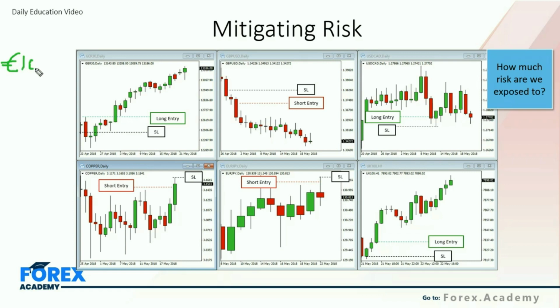We have a €1,000 account. We have 6 open trades here, and they're all at 1%. So a 1%, of course, would be effectively on each market here. We effectively have €10 to the downside. Okay, so let's set €60 here for this account. That is our exposure within this account.